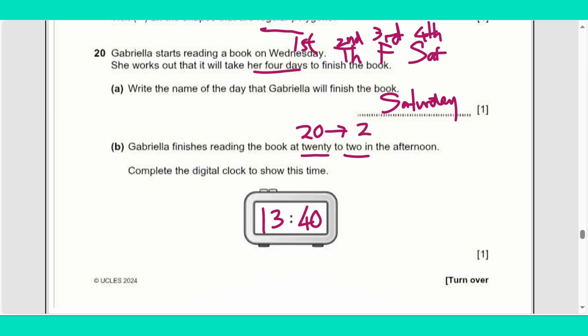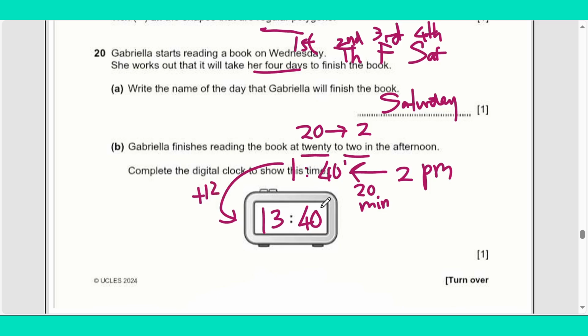So it has not reached 2 p.m. yet, so this is 2 p.m. and this is 20 minutes before 2 p.m. So of course 60 minus 20 is 40 minutes, and then it will be 1 hour 40. So 1:40 on the digital clock, we have to add 12 because it's afternoon, to get 13:40. Let's move on.